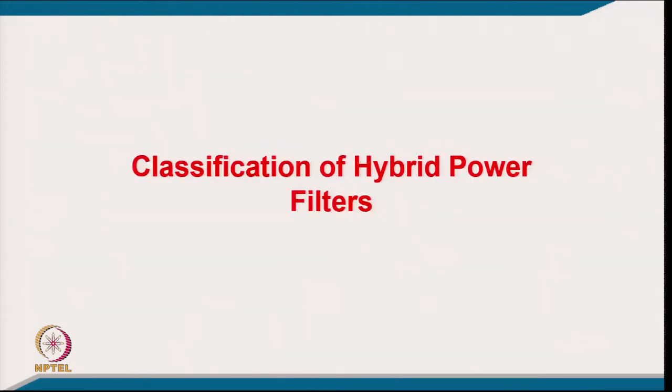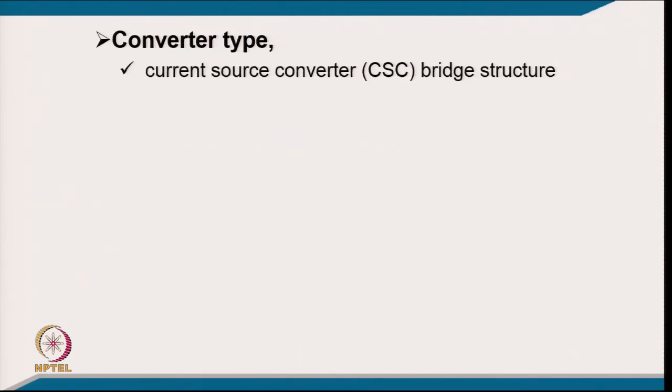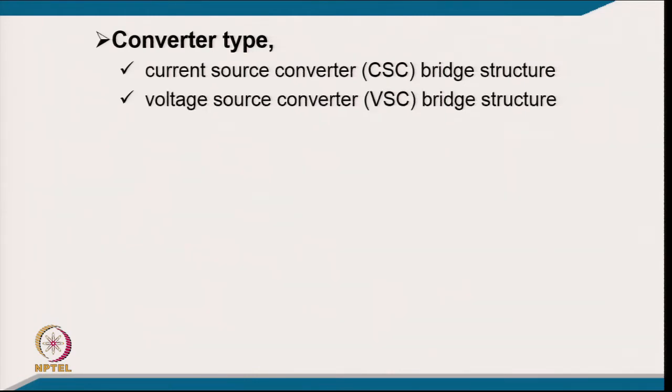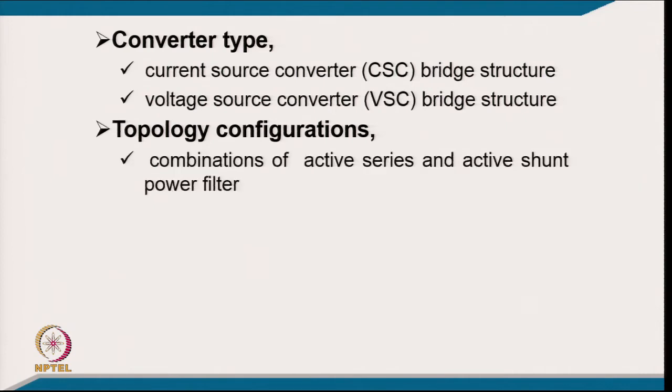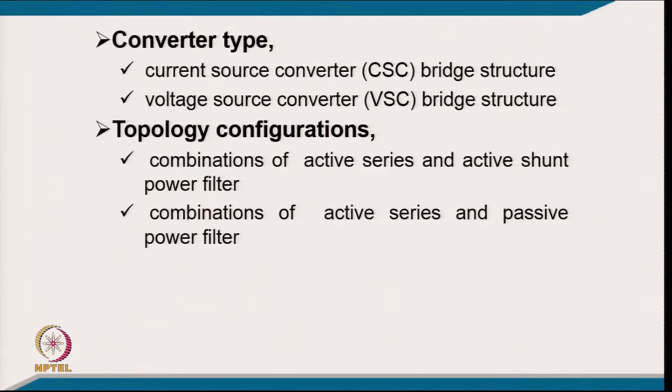So, coming to the classification of hybrid power filters, we can classify them in many categories. The first category is converter type, whether we are using a current source converter bridge structure or a voltage source converter bridge structure. Second is the topology configuration: the combination of active series and active shunt power filter, or the combination of active series and passive filter.